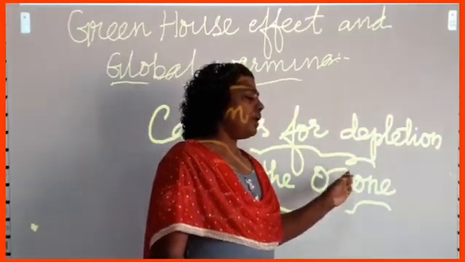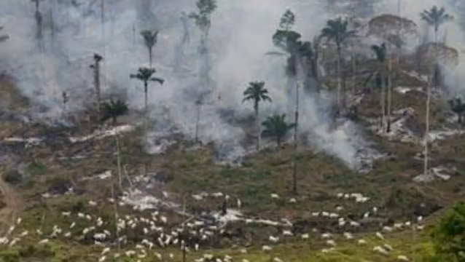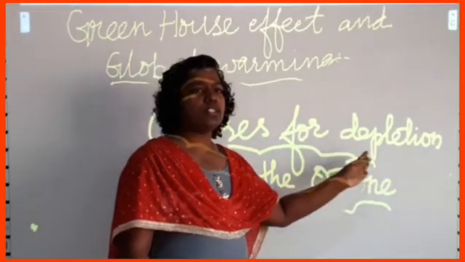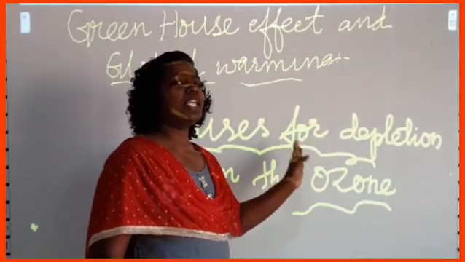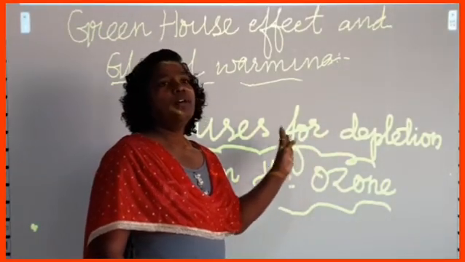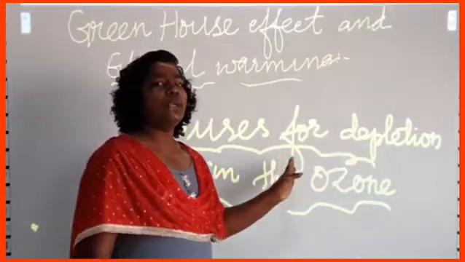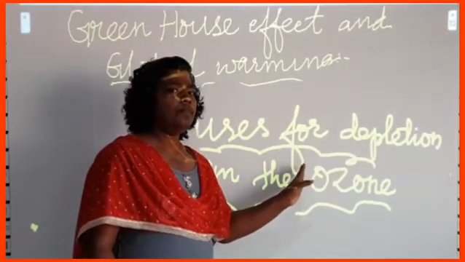And burning of fossil fuels may also cause the depletion of ozone. Where is ozone found? It is in the second layer of the atmosphere, from 20 to 40 kilometers away from the surface of the earth.